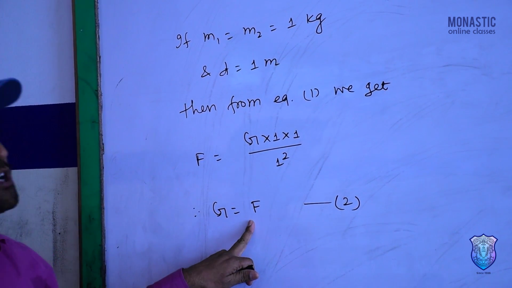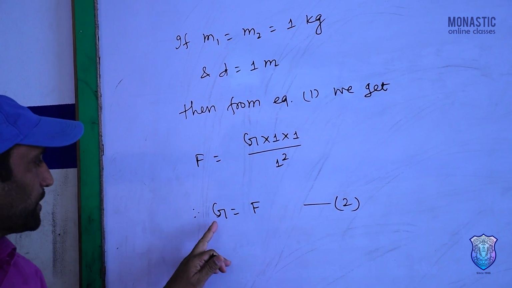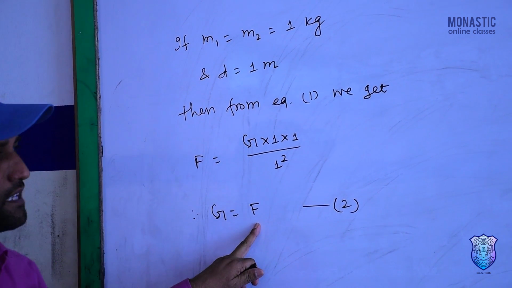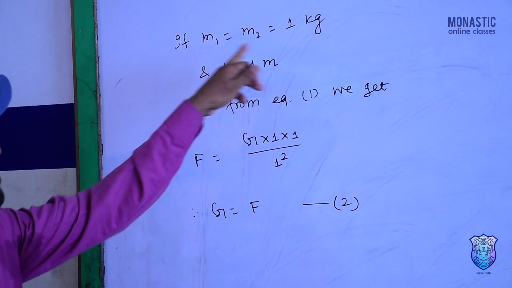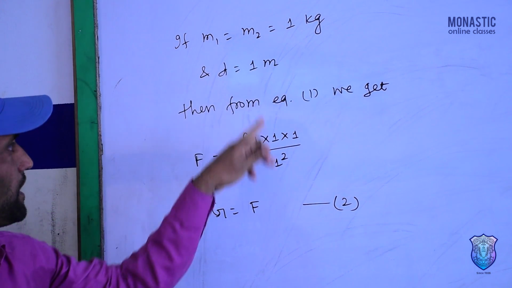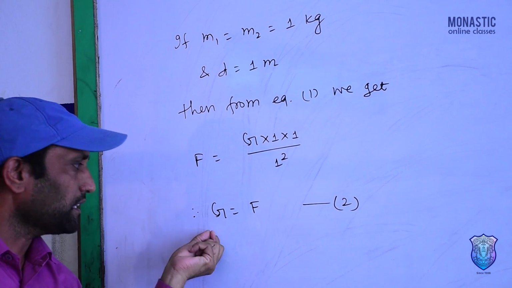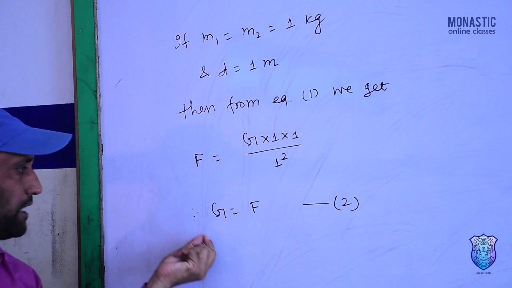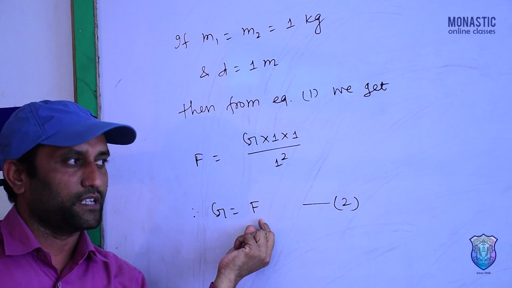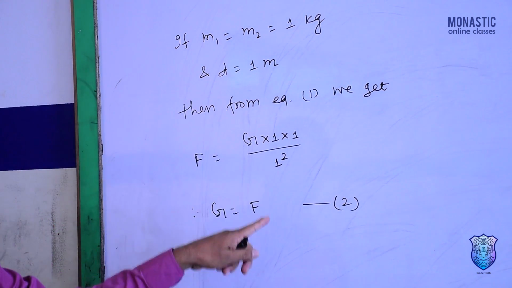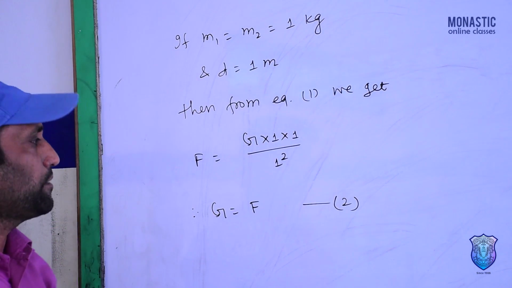This F is the force of attraction. So the universal gravitational constant is a measure of force of attraction between two bodies of unit masses, with mass 1 kg, separated by a distance of 1 meter. So you can define it as the measure of force of attraction between two bodies of unit masses separated by unit distance apart.